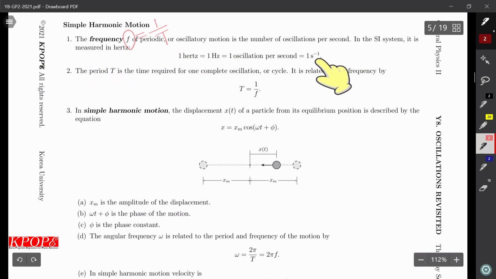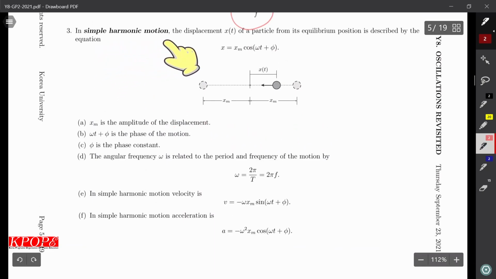Hertz is the reciprocal of second. The period T is the time required for one complete oscillation or cycle. The cycle is called one complete oscillation. It is related to the frequency by reciprocal.